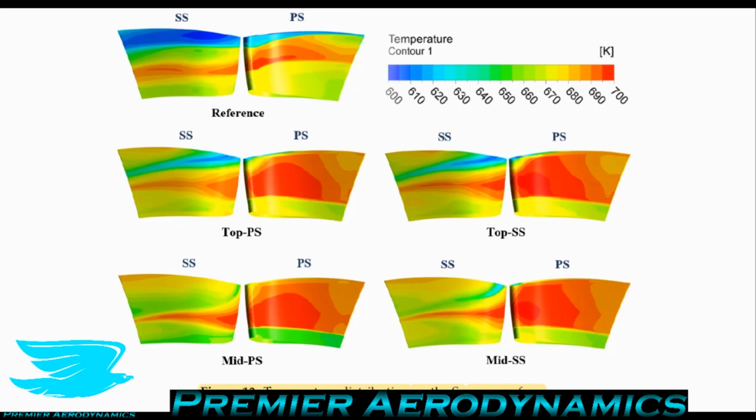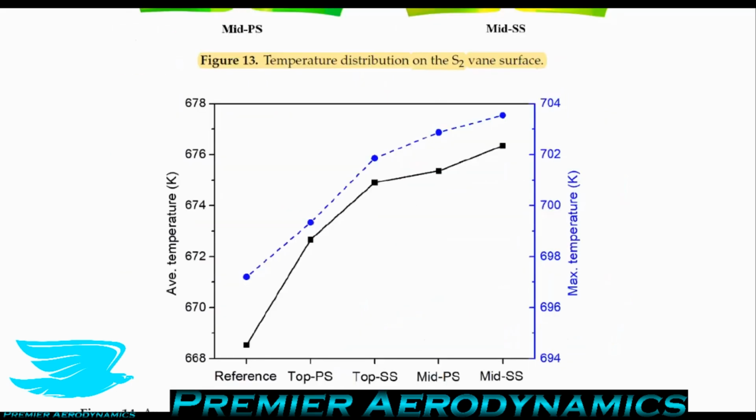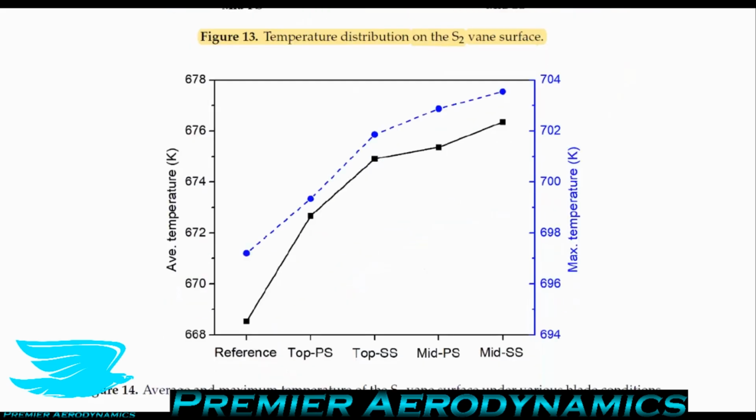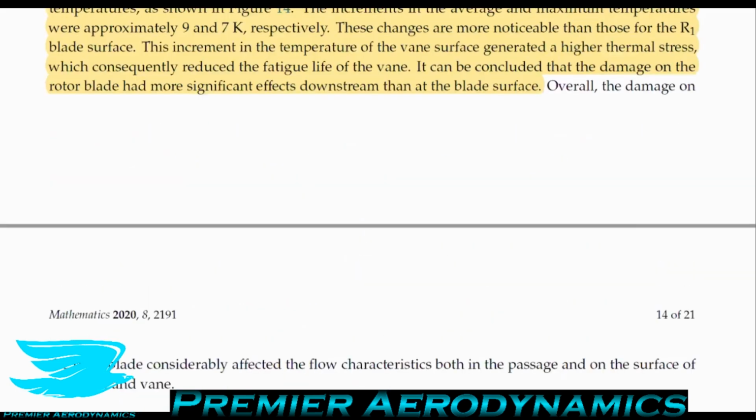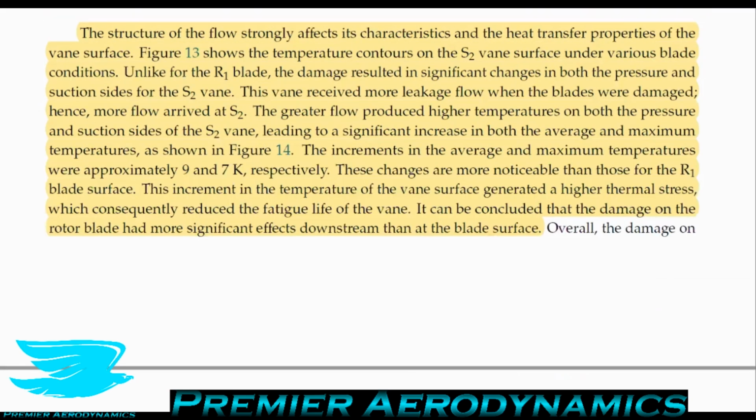On average, it increased by like 10 degrees, and then the maximum increased by about the same amount as well. But also on the suction surface, the temperature also increased a lot. So the damage on the rotor was no good for the stator at all.